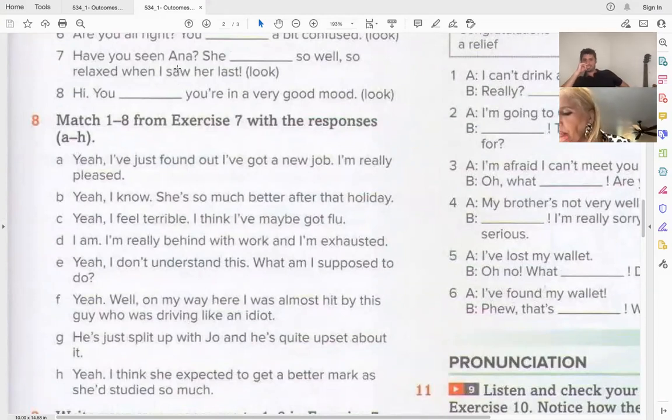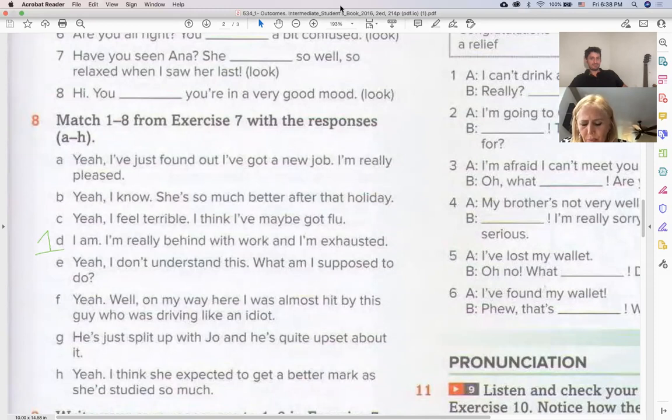Yeah, I feel terrible. I think I maybe got flu. That one's more about sick. It's not about stress. Okay. I'm really behind with work and I'm exhausted. Yes, exhausted. Good. Are you all right? Well, exhausted is not the word.